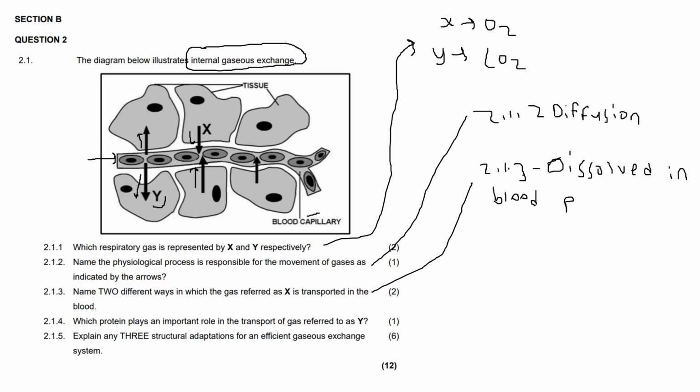That will be the first point you can say. Sometimes they can also put water, or a watery solution. So it will be dissolved in blood plasma and water. That'll be the first point you're going to have there, because they're requesting two.